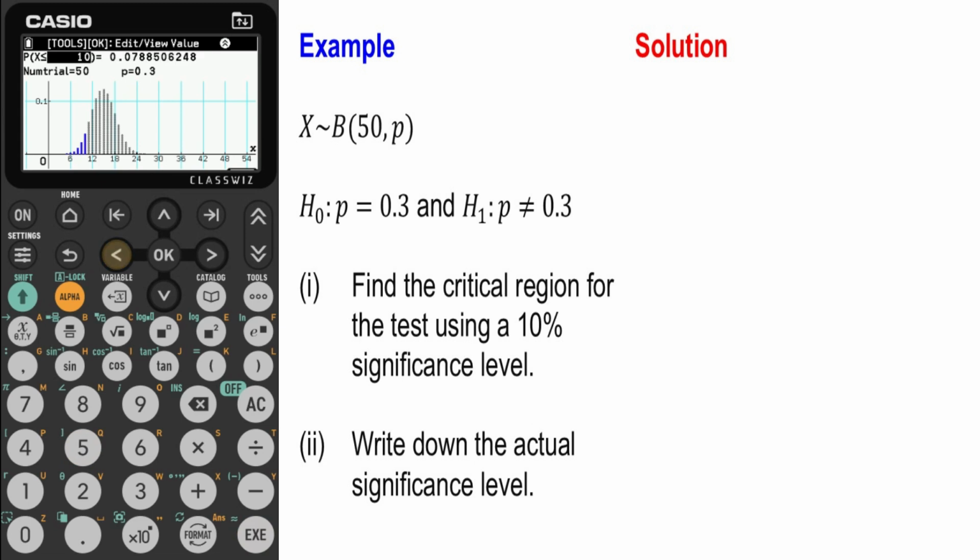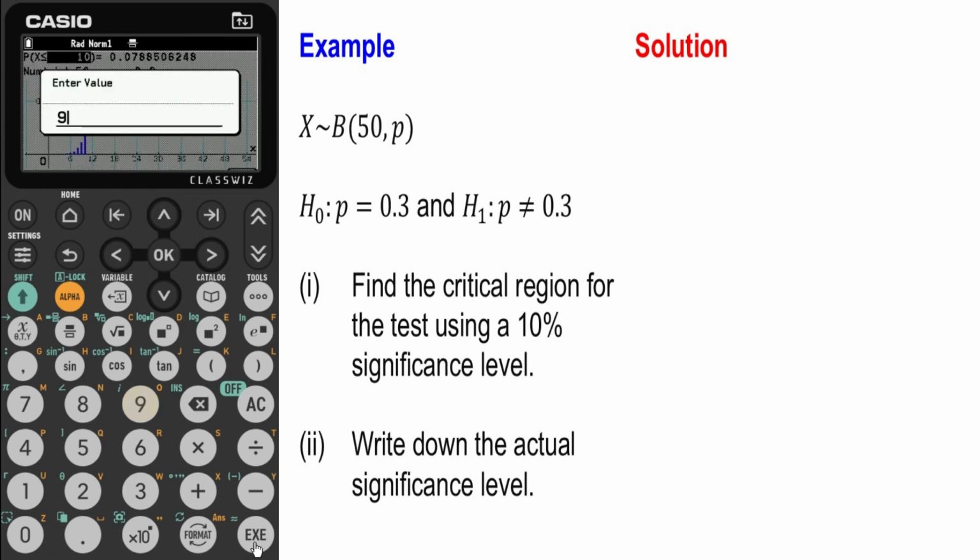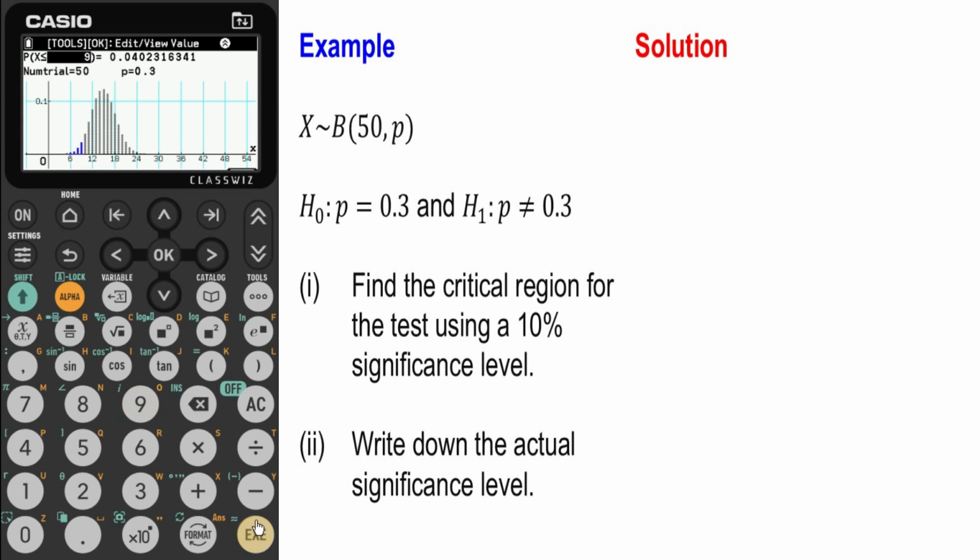And because we have a lower tail test, we need to subtract 1 from this. 1 less than 10 is 9. And now you can see this value of 0.04 etc. is less than 5%. So the probability that X is less than or equal to 9 is 0.04 etc.